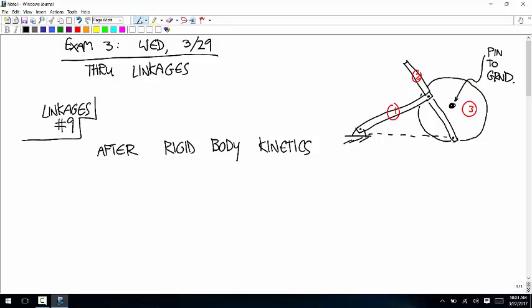So after the rigid body kinetics, how many equations do we have? We have 3, 6, 9 equations. And how many variables are we going to have? Two have fixed points.